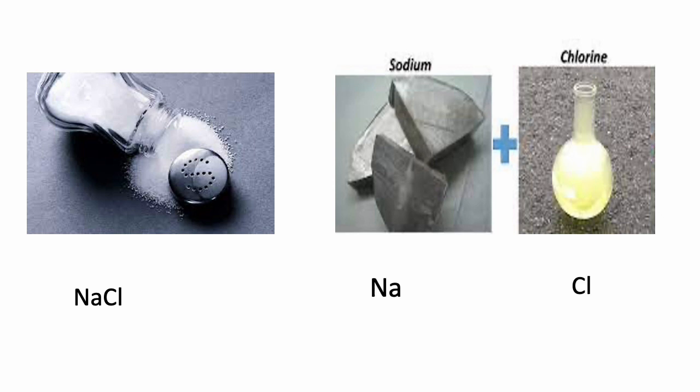Over time, we can collect the sodium and chlorine and we can use them for other things such as bleach or cleaning products. So next time you see the salt, remember it's made up of two different elements that can be separated using electricity.